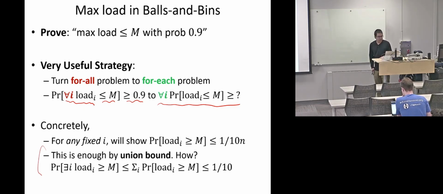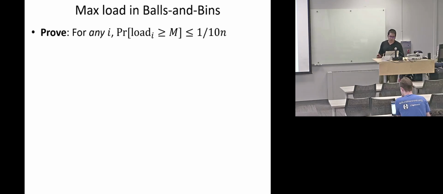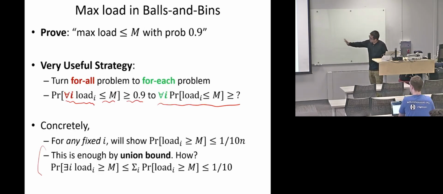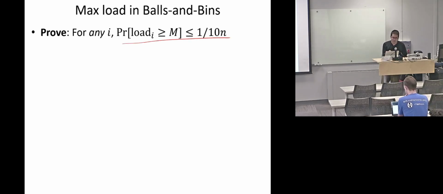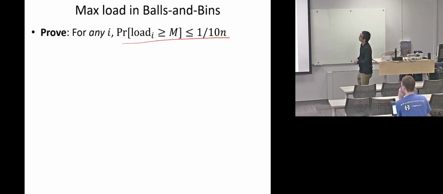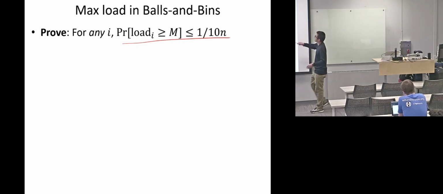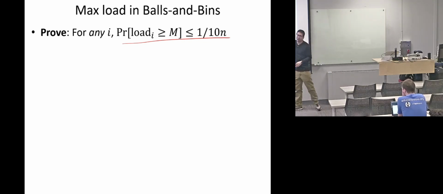Okay. So now we have that. With union bound, it allows you to just look at one bin, not all bins. Now that's the goal. Try to bound the probability that load i is more than M, and show the strong bound, 1/10n.